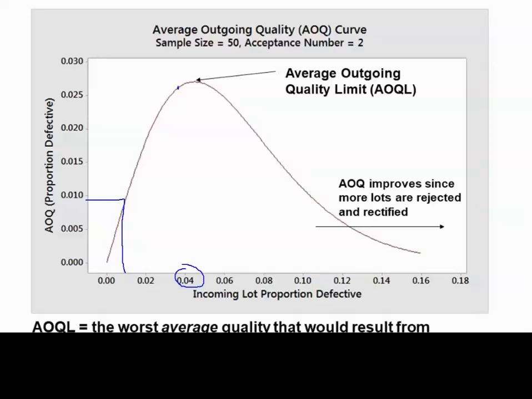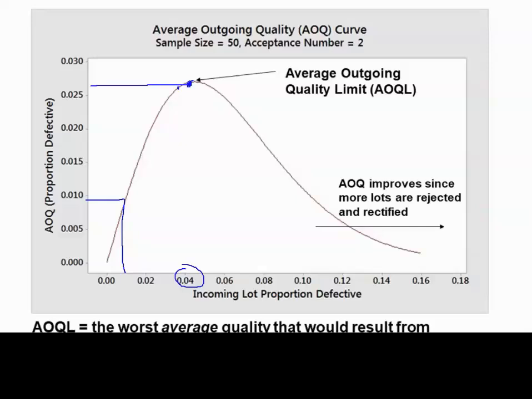So one thing that sometimes people look at is, what's the worst case for this sampling plan? In other words, this is the average outgoing quality versus incoming proportion defective, but what's the limit? It's the maximum of this curve. So this suggests that, about worst case, the quality going out of my facility is no worse than 2.6%, regardless of what P is.